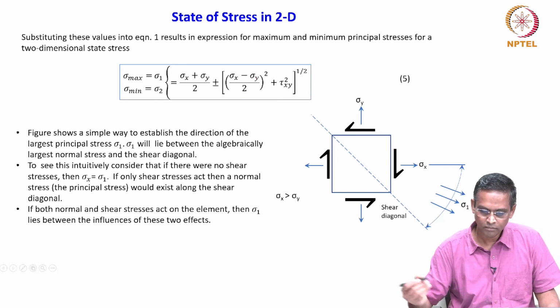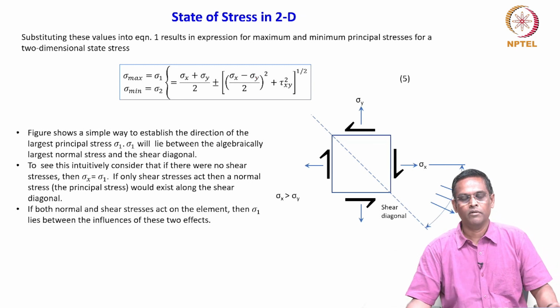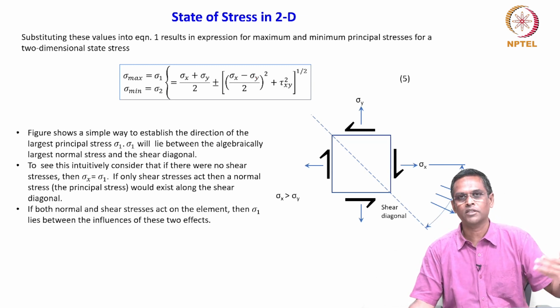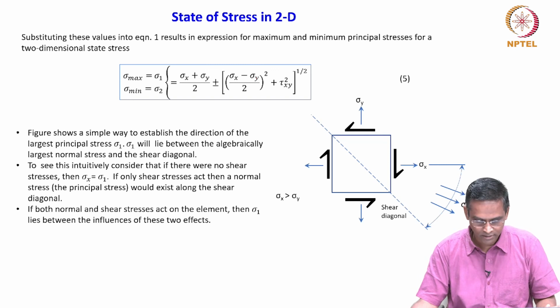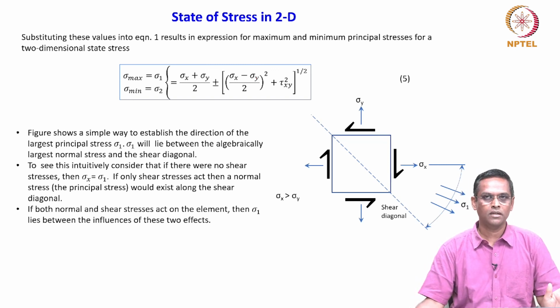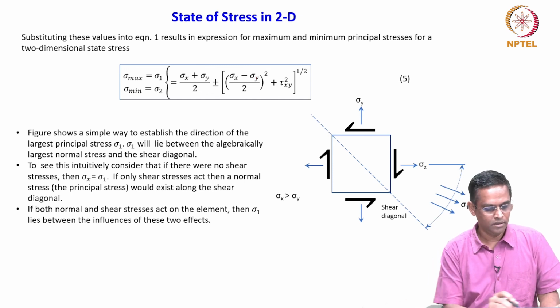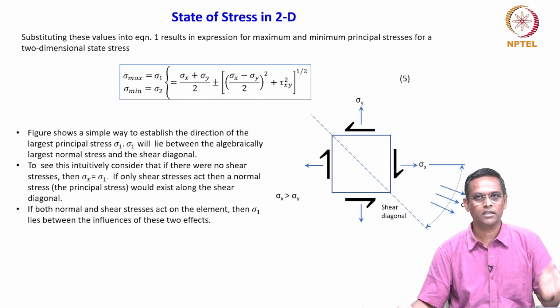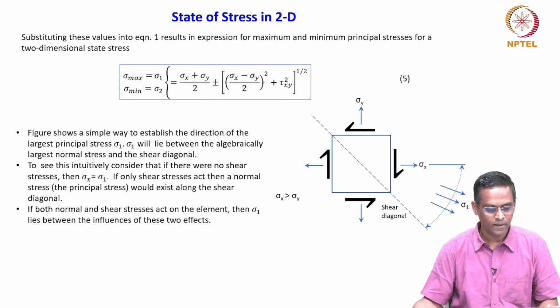You see, when we describe the state of stress in 3 dimensions, again we will come to this point. Sigma 1 is the largest principal stress, and then sigma 2 and then sigma 3, right.